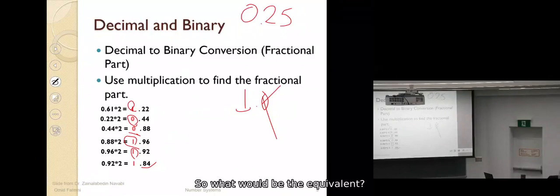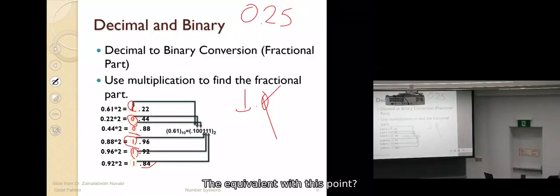So what would be the equivalent? The equivalent would be this. 0.61 in decimal equals 0.1, 1, 0, 0, 0, 0, 1, 1, 1, 1, 1, 1, and it continues.